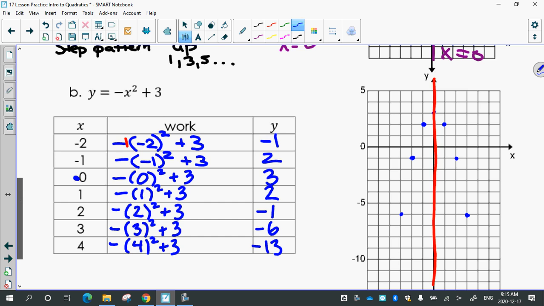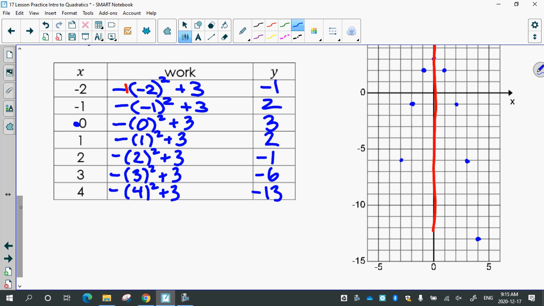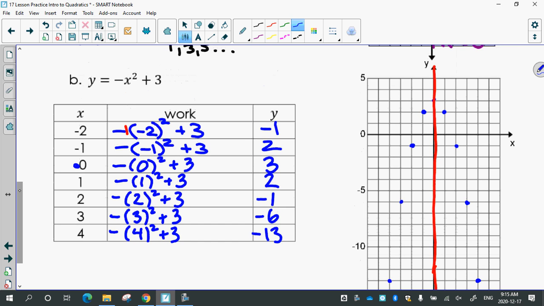And if you know there's a point 4 away from the axis of symmetry on this level, then there's going to be a point 4 away on that level. So even though we didn't get every point in our table, we could use what we knew about quadratics to draw it in.